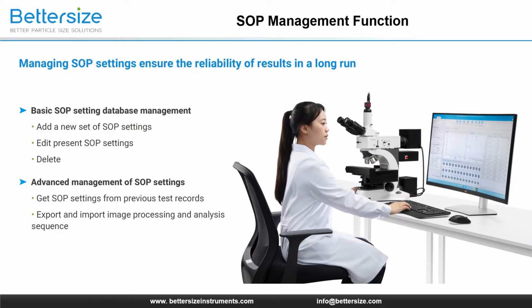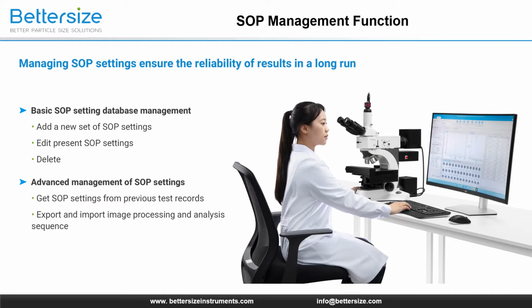As we mentioned, SOP settings are of vital importance for automated measurements. Can we measure different samples with different SOP settings correspondingly? How could we generate a set of SOP settings appropriately? The Bewischen software provides the following functions to help you manage SOP settings and accelerate your test. As basic management, the Bewischen software prepares a database for SOP settings.